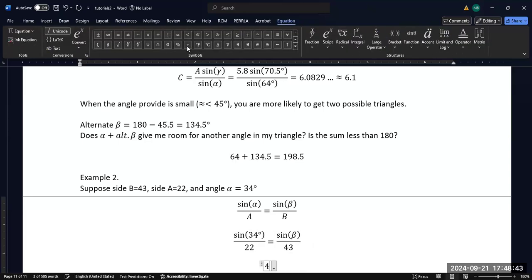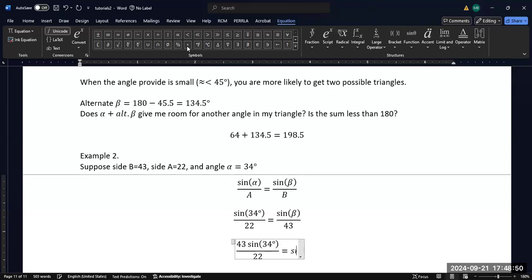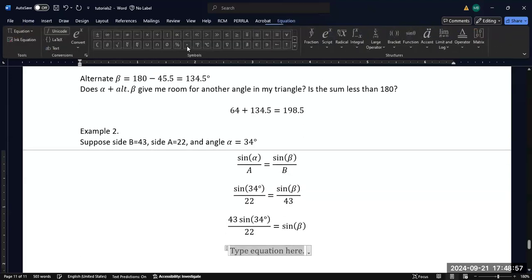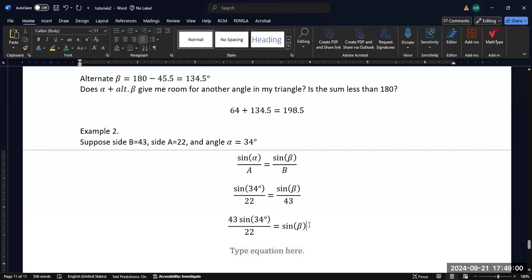And if I rearrange that, so what do we get when we plug this into the handy calculator? 43 sine 34 divided by 22, we get 1.09.